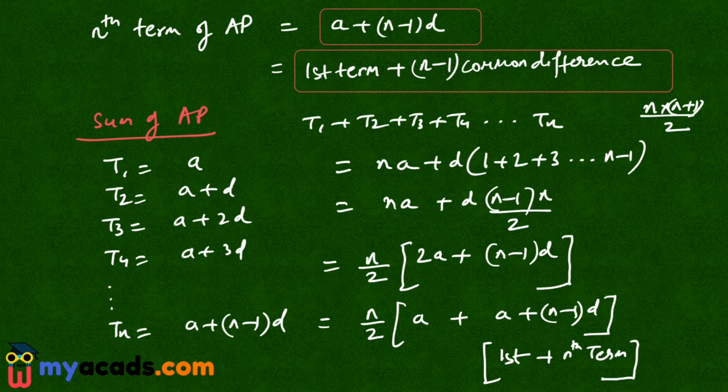So my formula for sum of AP is n by 2 into 2a plus n minus 1 into d, or n by 2 multiplied by first term plus last term.